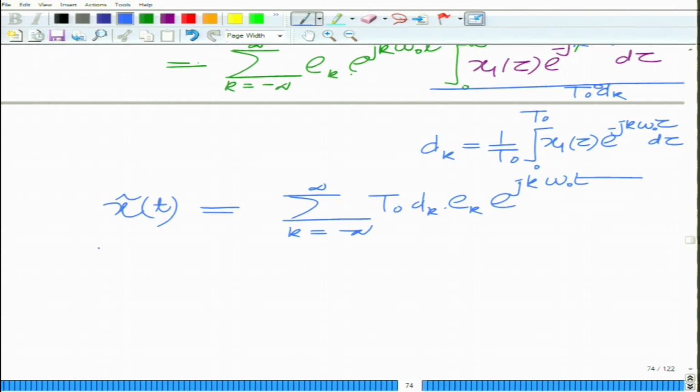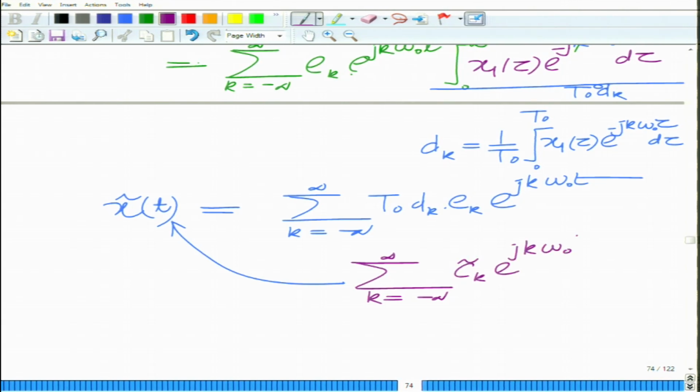This is the complex exponential Fourier series, which implies that if you have the complex exponential Fourier series of this as summation k equals minus infinity to infinity c tilde k e raised to j k omega naught t, we would have T naught dk e k equal to c tilde k.